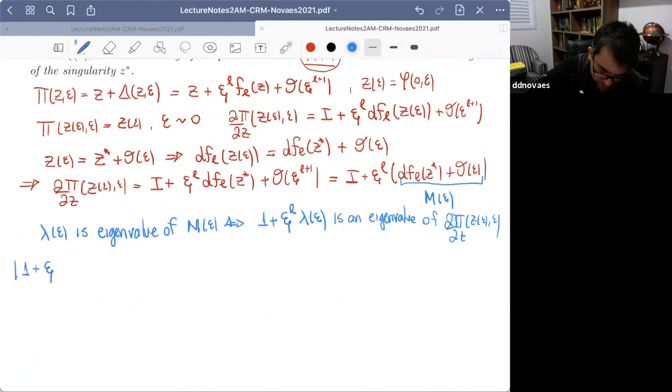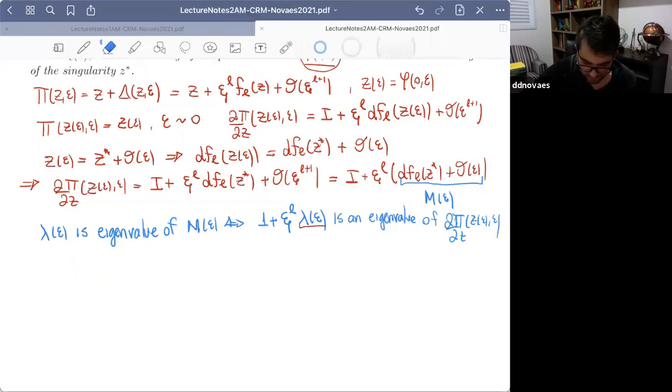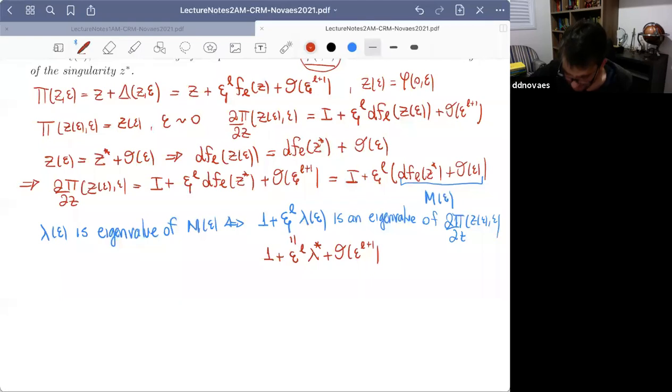Okay, so let's use the same idea now, and we see that the norm of 1 plus epsilon L lambda epsilon, squared, is equal to 1 plus epsilon lambda L, let's call it lambda star, plus order epsilon L plus 1, where now lambda star is an eigenvalue of DFL Z star.